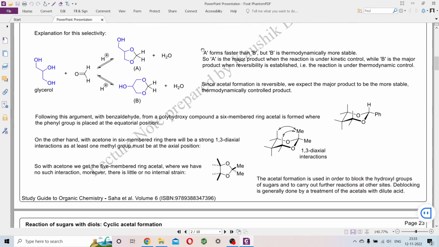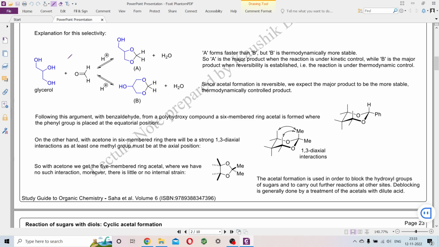Let us illustrate this point by taking a simple trihydroxy compound, glycerol. Glycerol has 3 hydroxyl groups, and therefore it has the potential of acting as a 1,2 diol as well as a 1,3 diol. So you can imagine that when you are reacting glycerol with a carbonyl compound, both 5-membered and 6-membered acetal compounds can be formed.